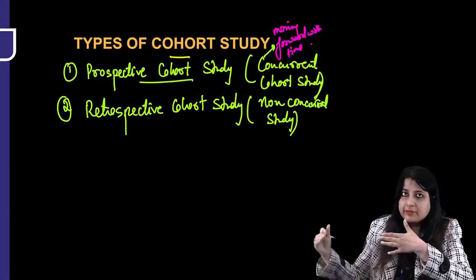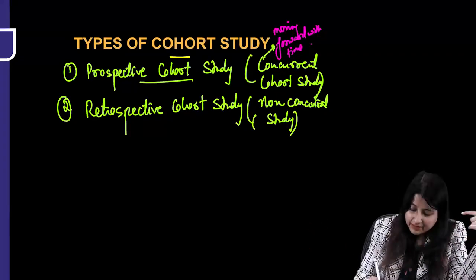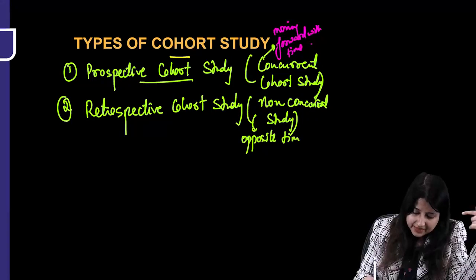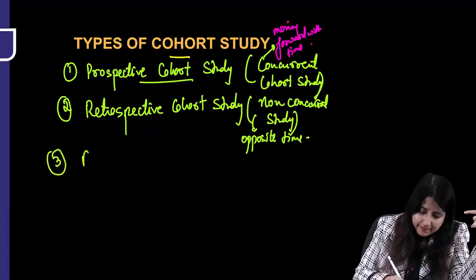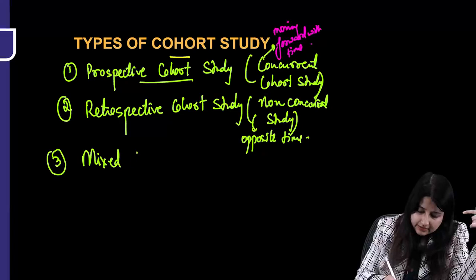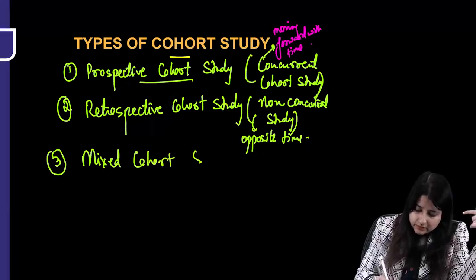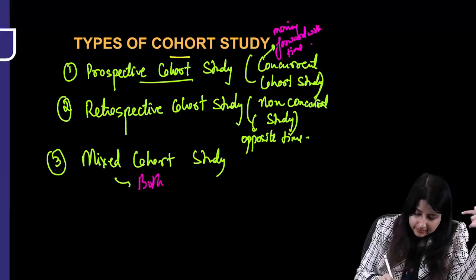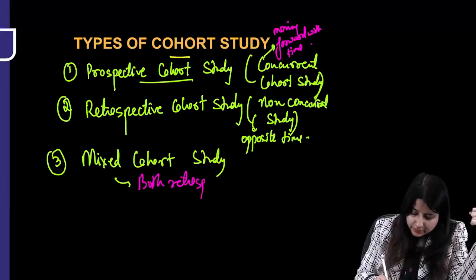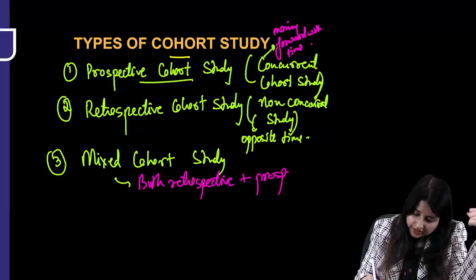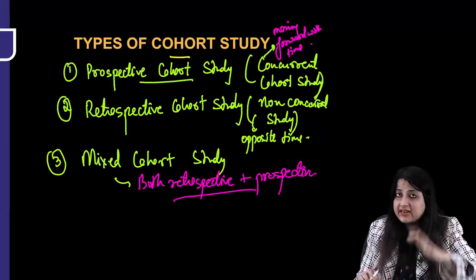Non-concurrent means we are not moving parallel with time, we are moving opposite to time. And then there is something known as mixed cohort study, which is both retrospective plus prospective. So let us talk about each of these study designs.